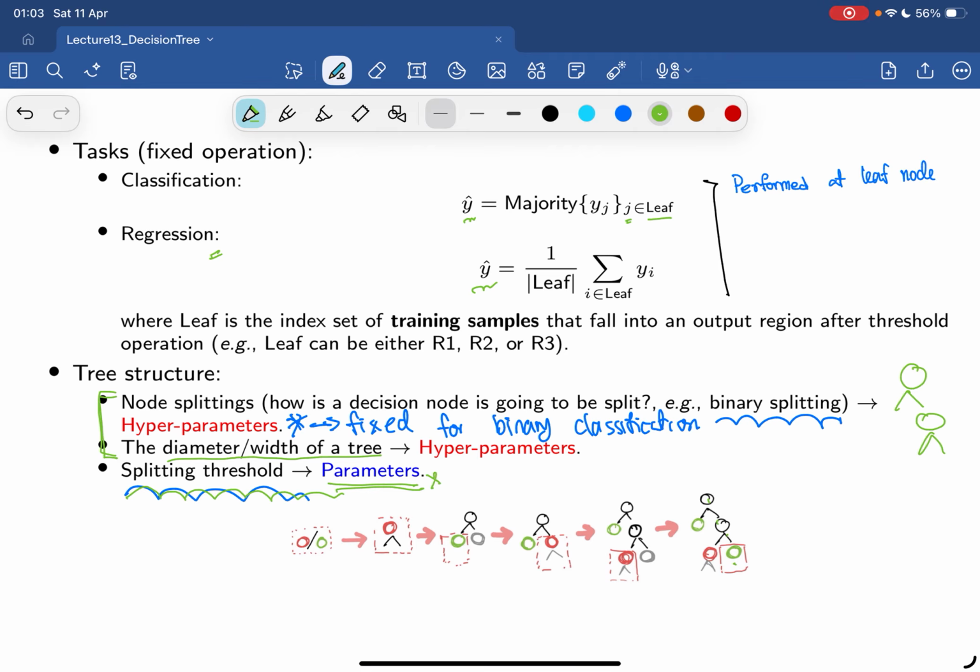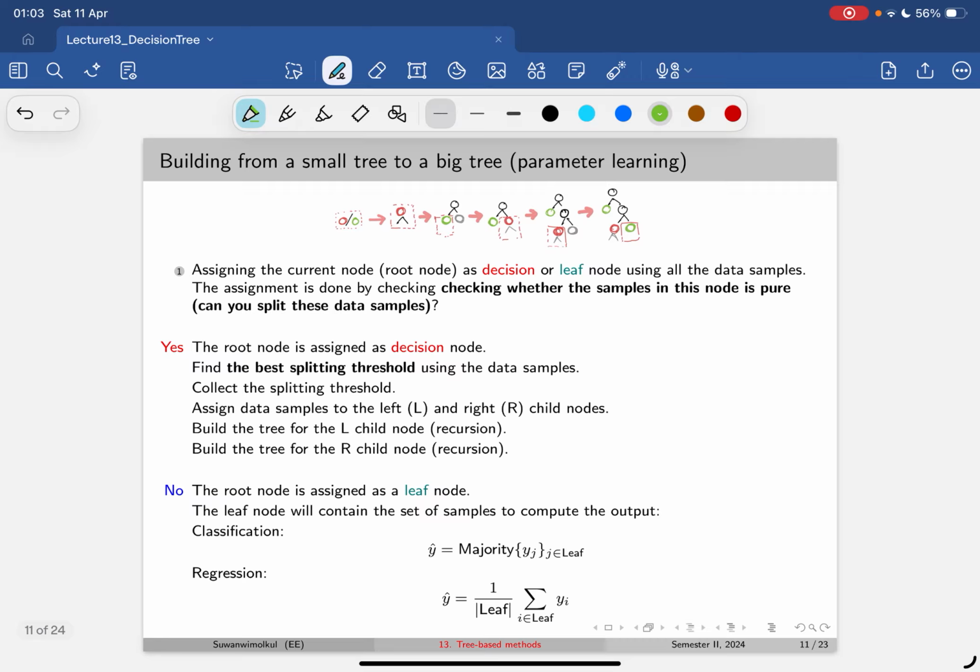But the model parameters are going to be the parameters that your algorithm will figure out as it runs, as the algorithm goes on, right? Okay.